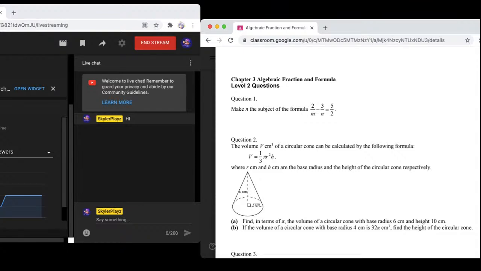Negative 3 divided by n is equal to 5m minus 4 all over 2m. And then finally reverse the fraction and then times the fraction with negative 3. So n is equal to negative 6m divided by 5m minus 4. And that's our answer.